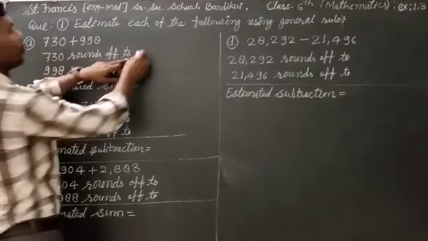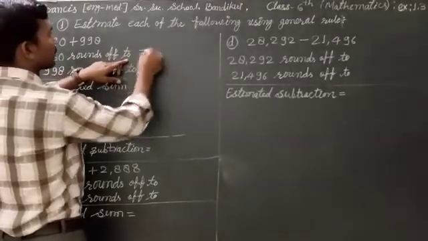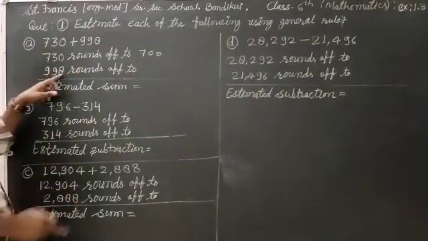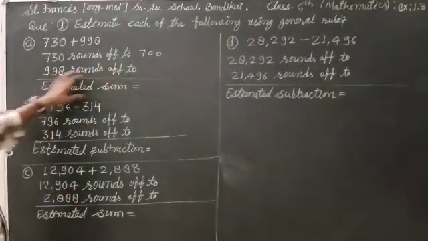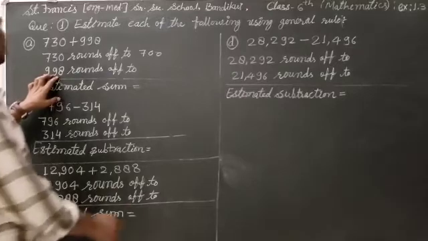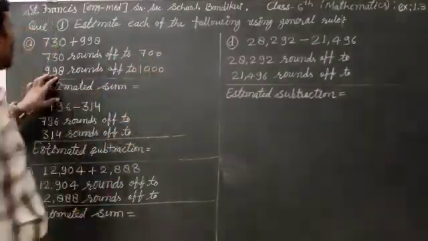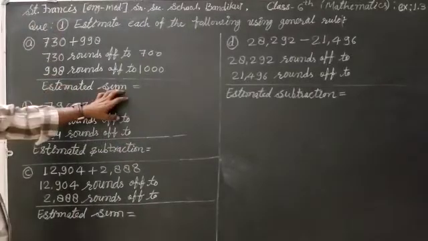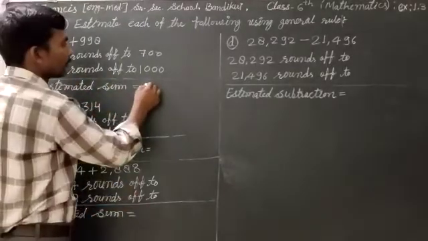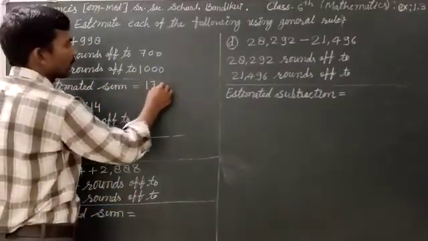730 rounds off to 700 and 998 rounds off to 1000. So the estimated sum will be 1700.